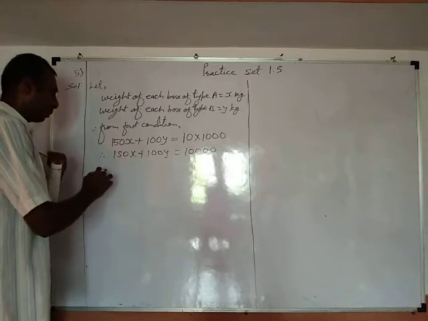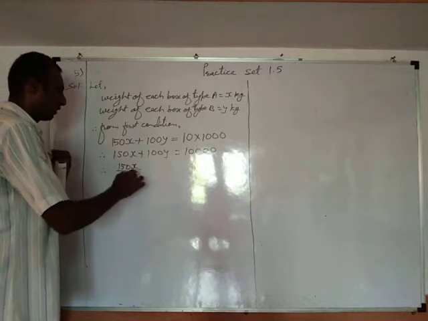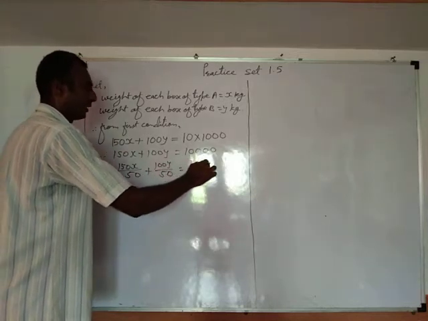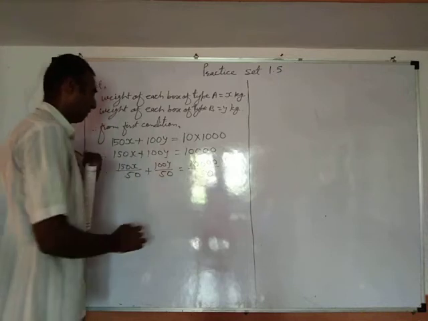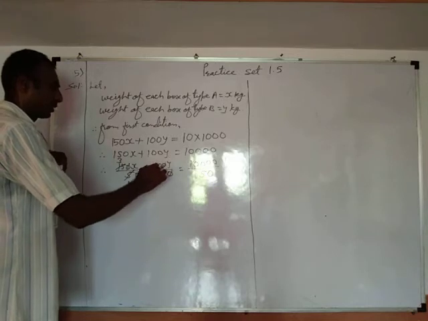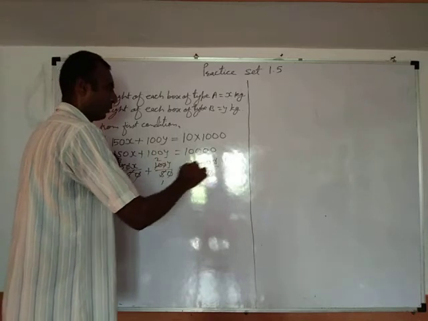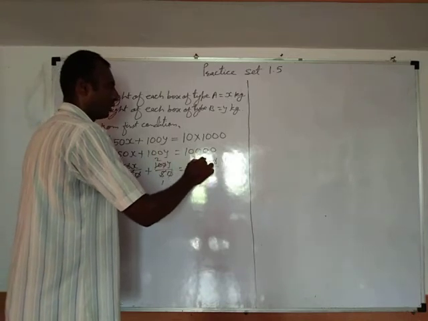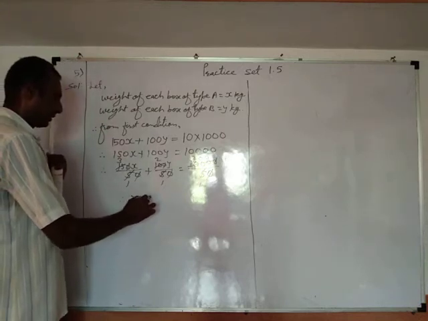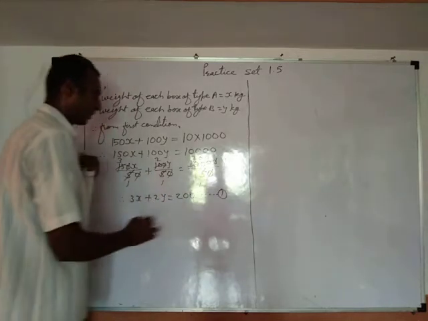Dividing both sides by 50, let us find what we get. 150x upon 50 plus 100y upon 50 equals 10,000 divided by 50. 0 cancels with 0, 5 ones are 5, 5 3s are 15, 5 ones are 5, 5 2s are 10, 5 ones are 5, 5 2s are 10, 5 0 0, and therefore we are going to get 3x plus 2y equals 200. Let's call it equation first.